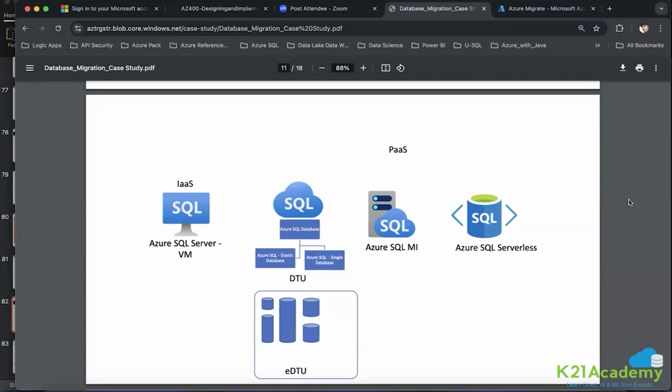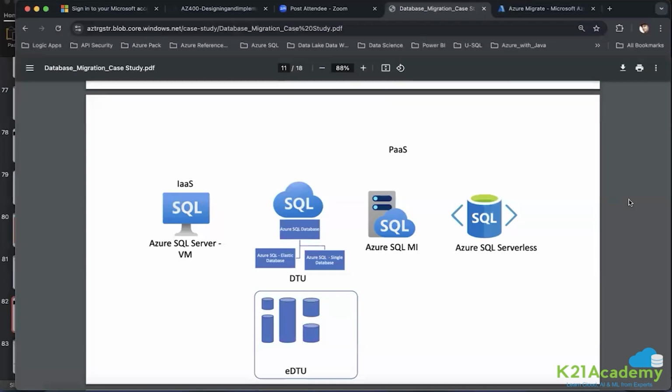DTU is not a known term in our day-to-day work, because it was innovated by Microsoft only. They came up with this DTU concept where they combine three elements. Normally every database's performance can be visualized with three things: storage, CPU, and RAM, and based on that you can calculate performance or the number of IOPS for the database servers.